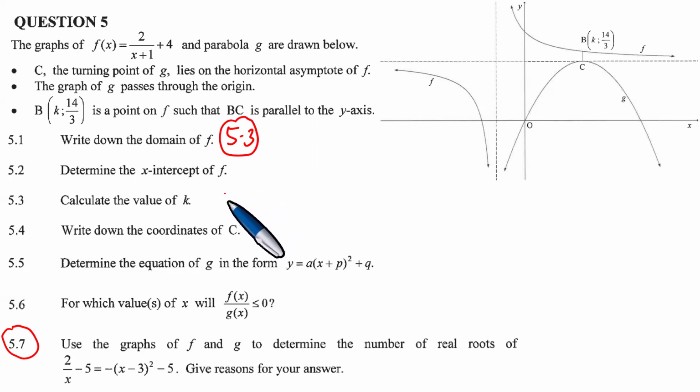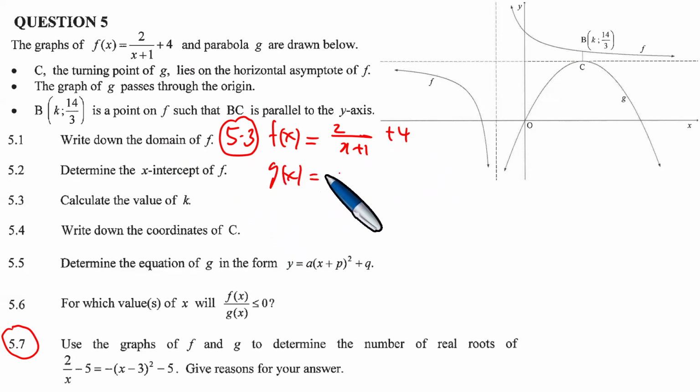First and foremost, we need to take note of the 2 functions. f of x is 2 over x plus 1 plus 4, and g of x equals minus, open bracket, x minus 2 squared, plus 4. So these are the 2 equations of f and g respectively.